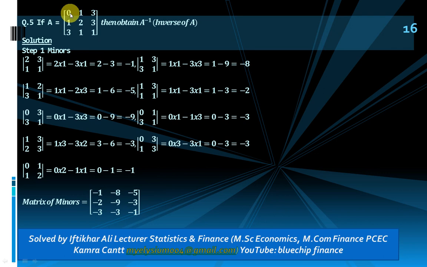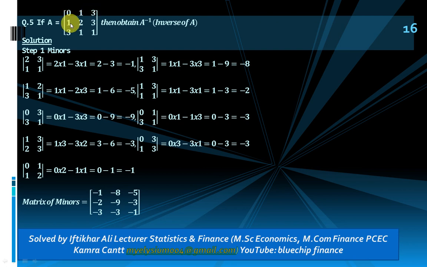And the step is very simple. First take 0. Just eliminate the row and column in which 0 is, and the remaining values will be 2 3 1 1. After that you can take 1 and eliminate the row and column in which 1 is.